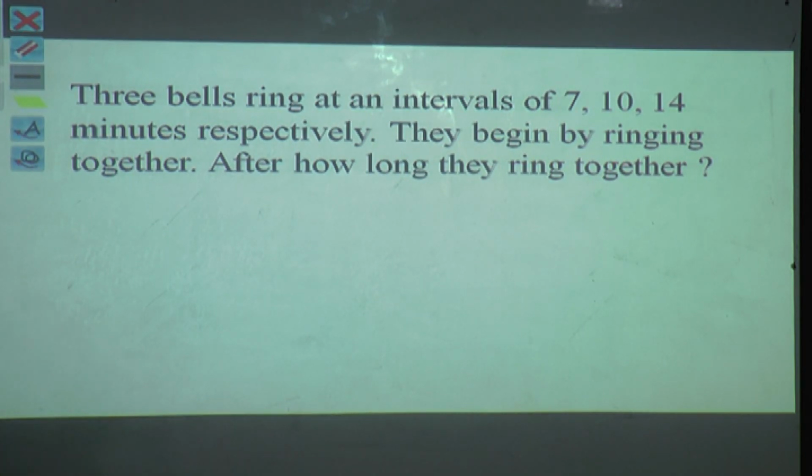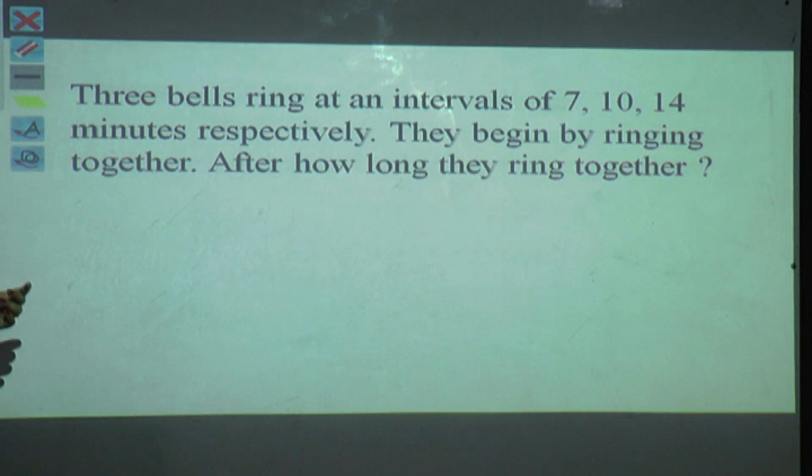3 bells ring at intervals of 7, 10 and 14 minutes. So what is the difference between all of that? 7, 10 and 14 minutes, the 3 bells ring at these intervals. Interval means different. After some time, respectively, they begin by ringing together. After how long will they ring together?